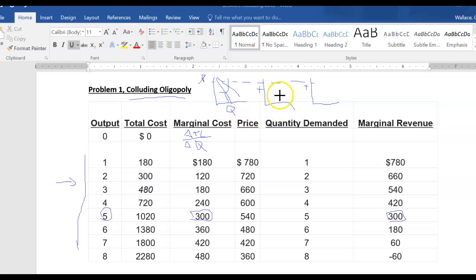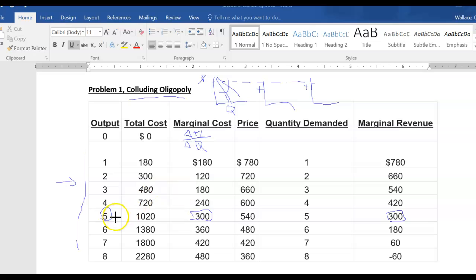And remember that each one of these is a mirror image of this one firm. So if this firm is producing 5 units, this firm is also producing 5 units, this firm is producing 5 units, and they're all charging exactly the same price, okay? So each firm is producing 5 units, and each of the 5 units is being sold for a price of $540, okay?